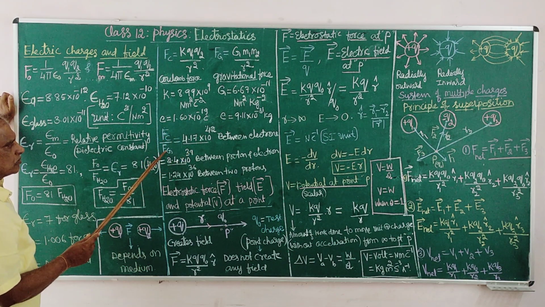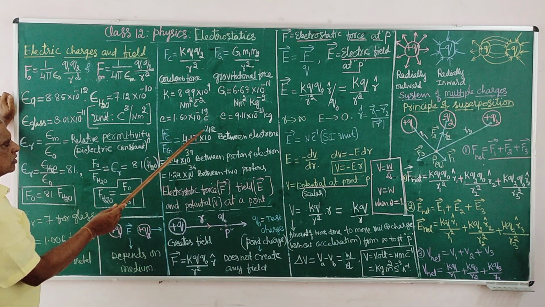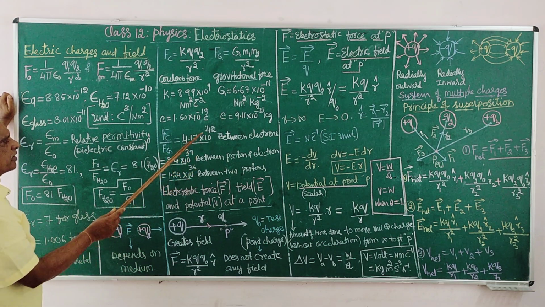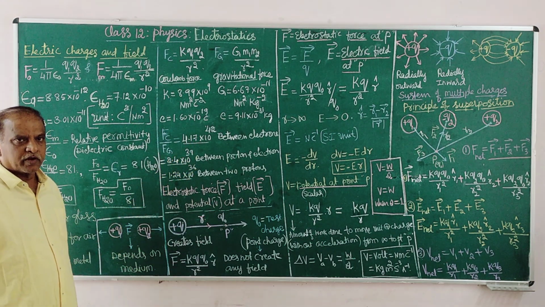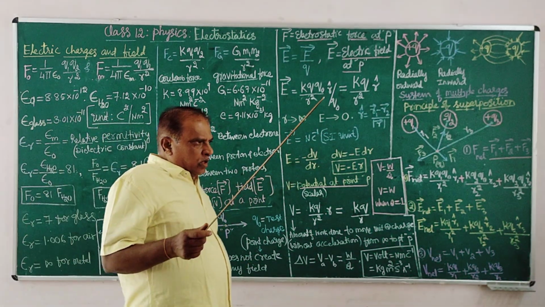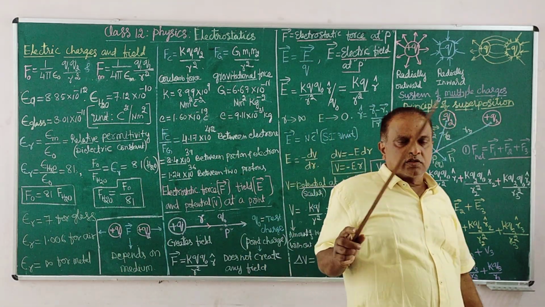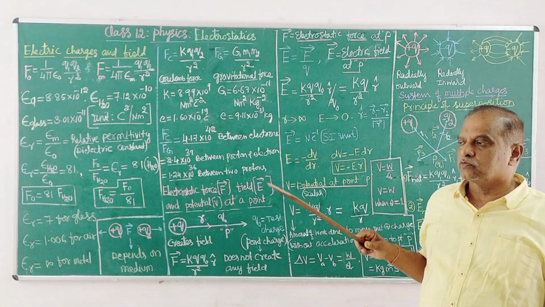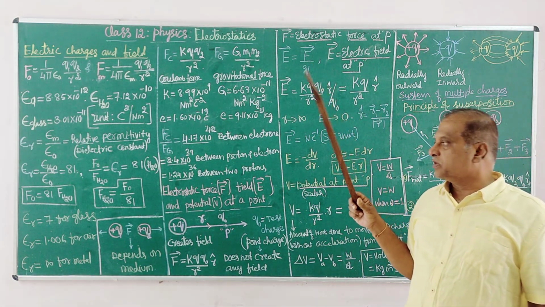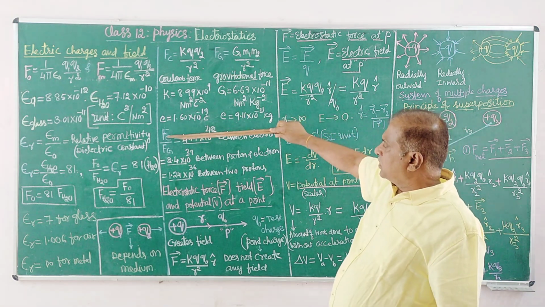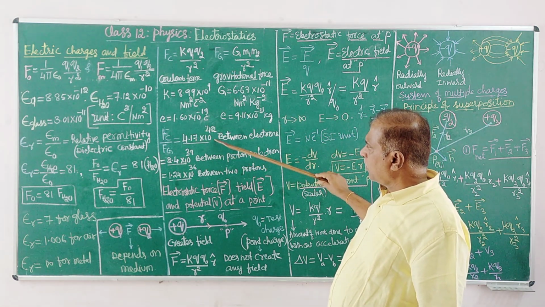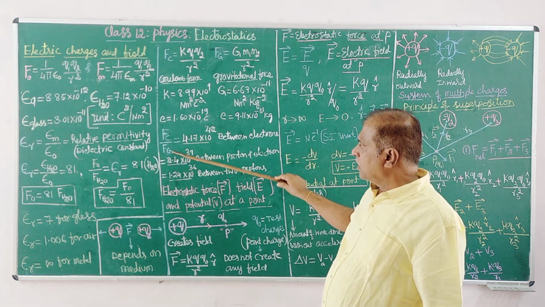Look at that ratio Fc by Fg. What is the range of that value? 10 to the power of 40. What is the value of 10 to the 40? A very big value, 40 zeros. You cannot read that magnitude, the ratio. It means Fc is equal to 10 to the power of 40 into Fg.